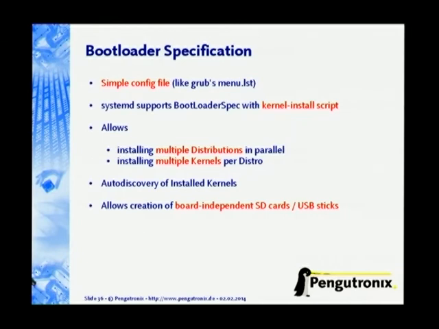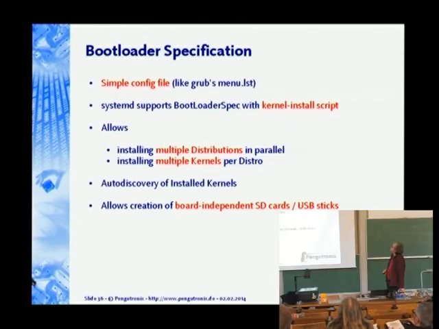Alright, so basically we have a simple configuration file, like if you remember GRUB's menu.lst in former times, and we have systemd support for the bootloader spec with a kernel-install script, and so you can just install multiple distributions in parallel. You can have Fedora and Debian and Ubuntu and whatever on one medium.